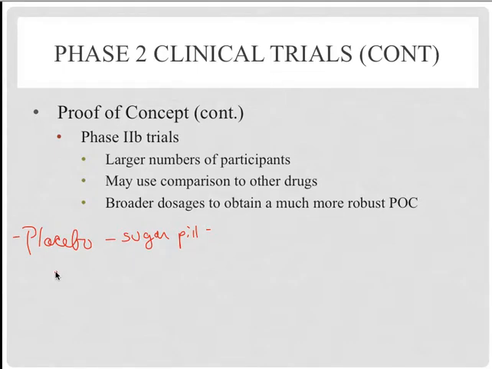All right, so in these trials, a patient is given a sugar pill. Okay, and this really is pertaining to the phase 3 clinical trials.